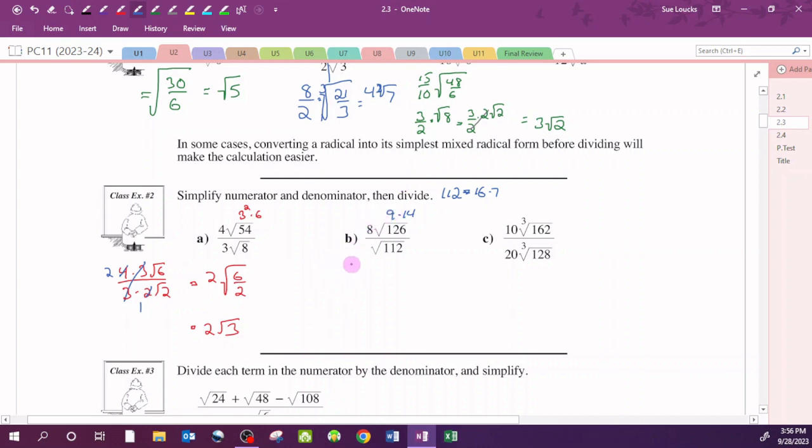So 8 times the square root of 126 is the same as 8 times 3 times root 14. And the square root of 112 is going to be 4 root 7.